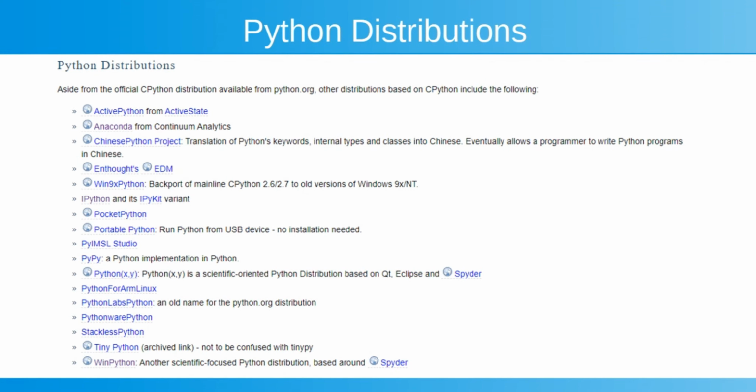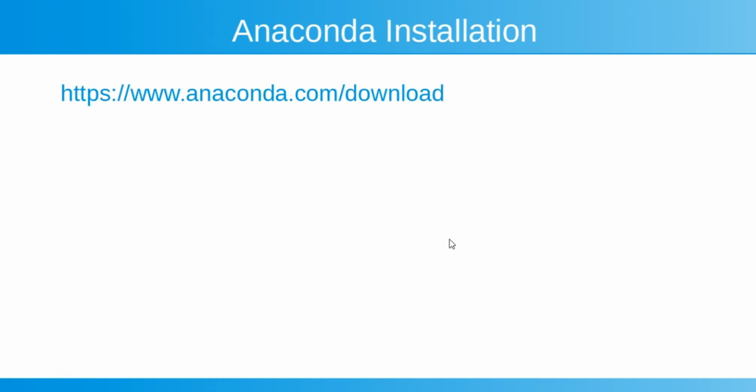These are some of the Python distributions currently available. But out of these distributions, Anaconda is the famous one because it has a lot of inbuilt IDEs like Spyder or Jupyter, so that we can easily work with the IDEs and do our development process.